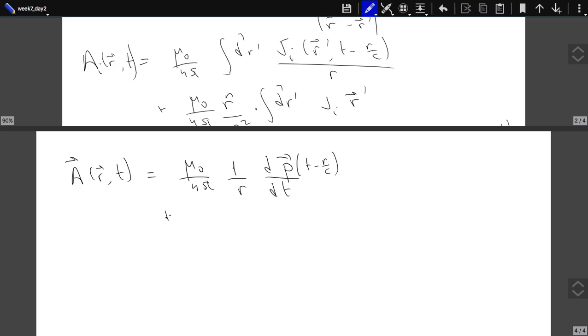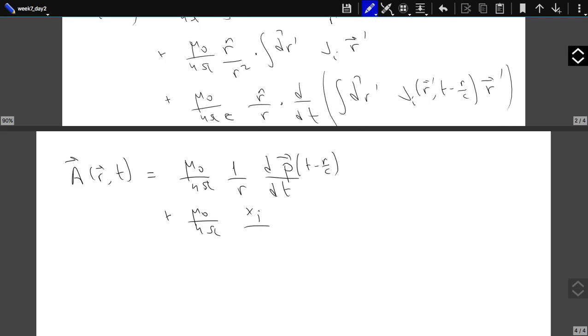Now the second term is μ0 over 4π x_j over r squared, and there's no 1 over 2, ε_ijk μ_k.